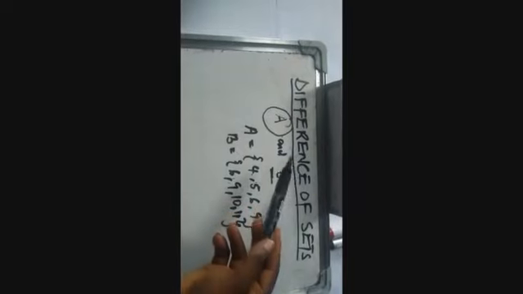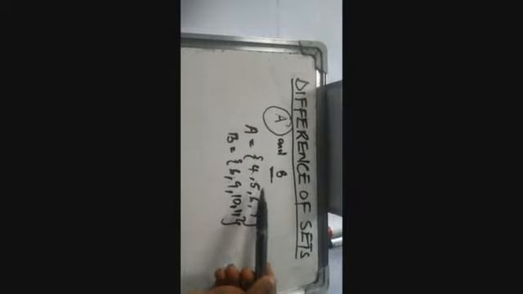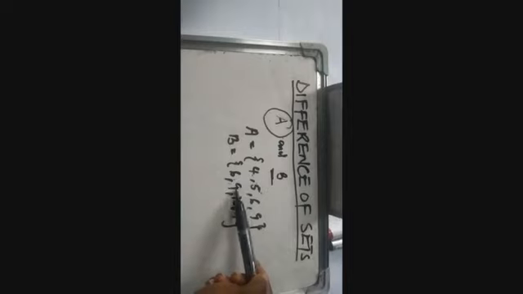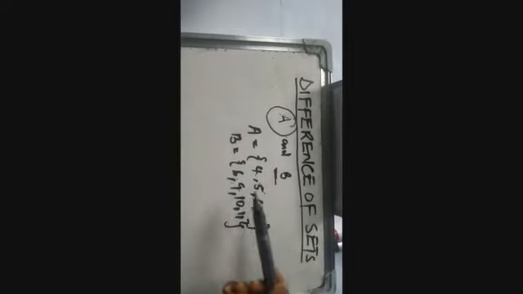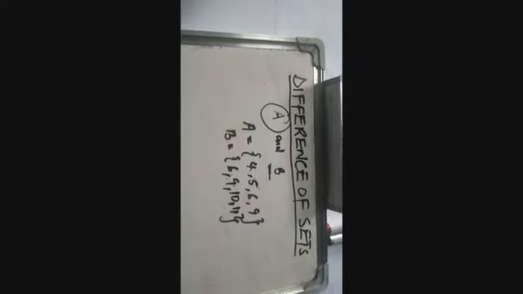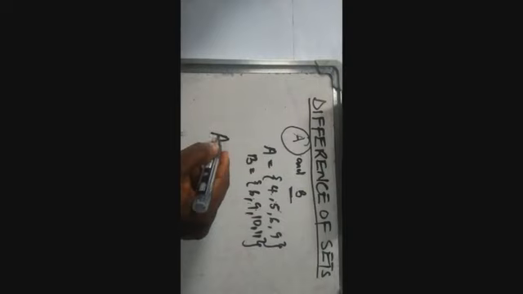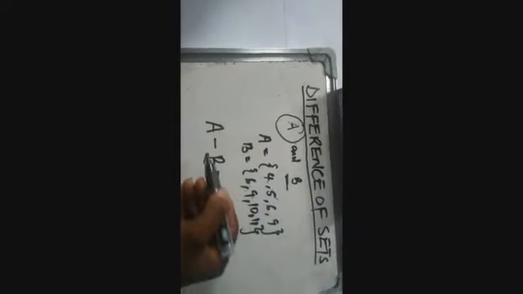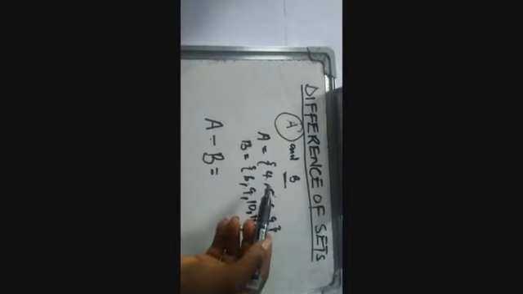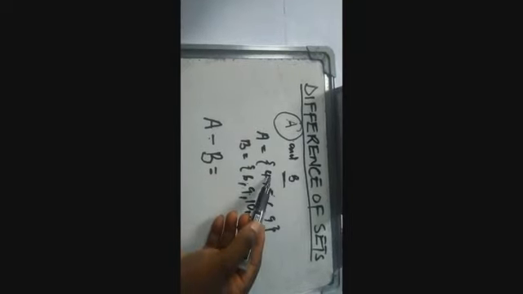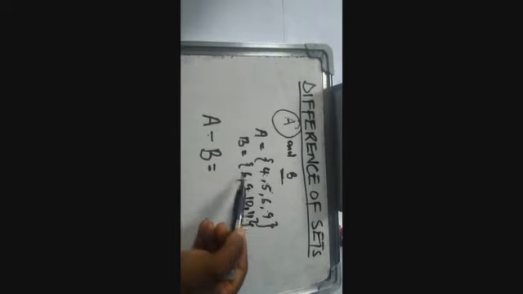Difference simply means what you can find here but you cannot find here. Note that the difference between A and B is denoted by A minus B.